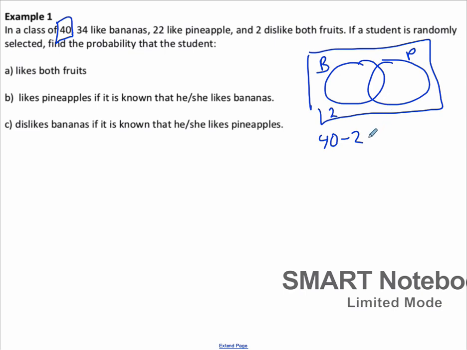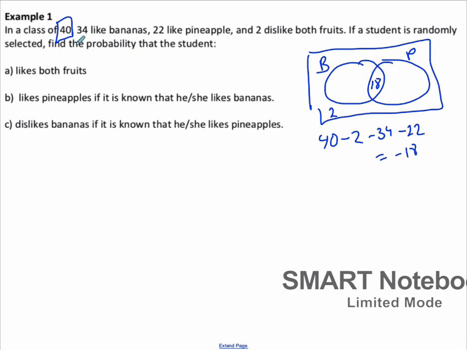Then you can minus 34, and then minus 22, and end up with something like negative 18. So that means it should be 18 in the overlap.